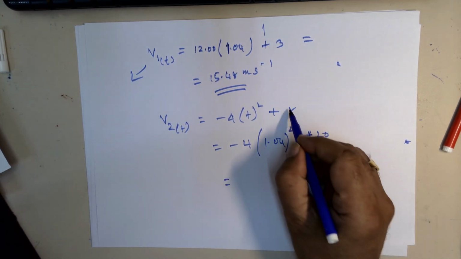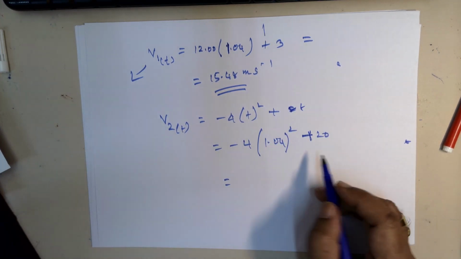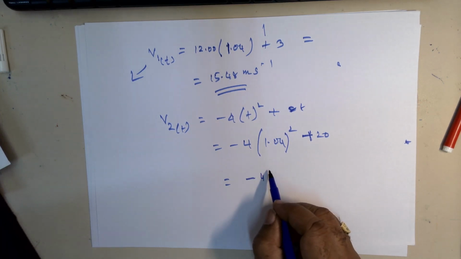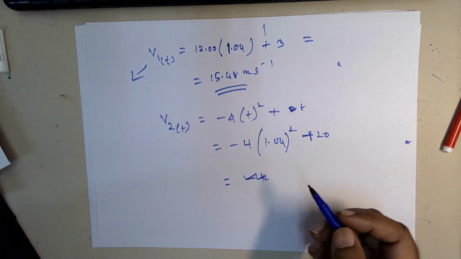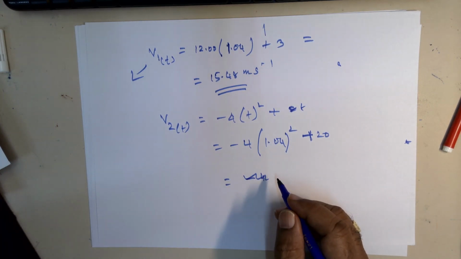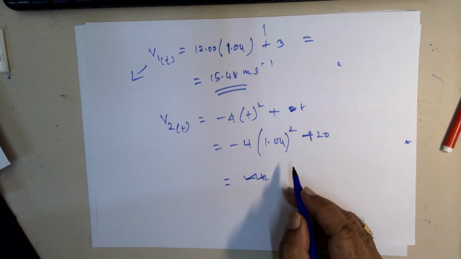What is that t? So what is that value? Minus 4 into point 3 is equal to how? You can use calculator. What is the final answer? Minus 4.33.